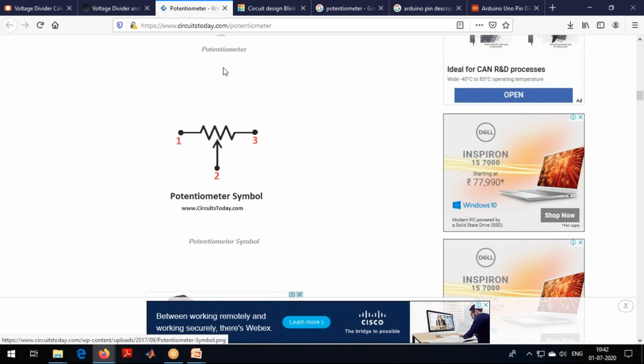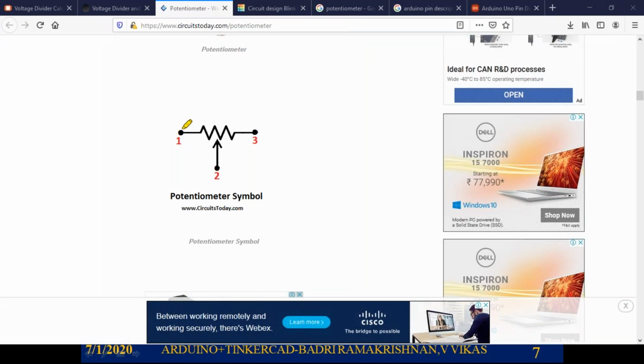Between these two junctions, it will be either 1 mega or 2 mega or 10k or 1k, depending on the rating.